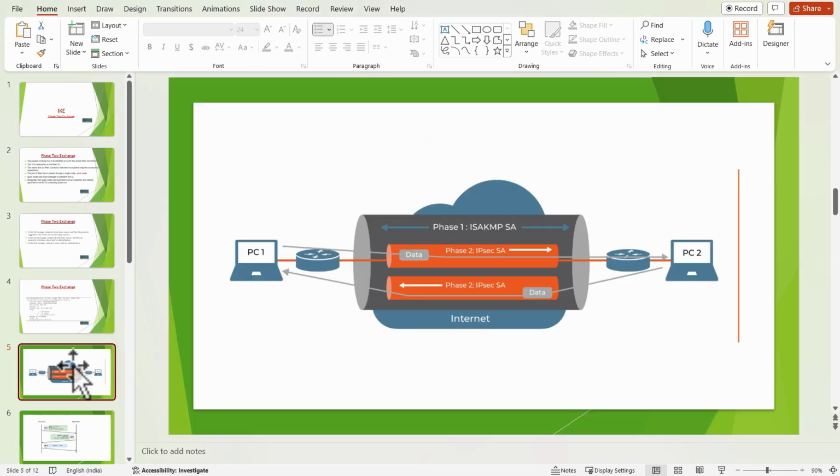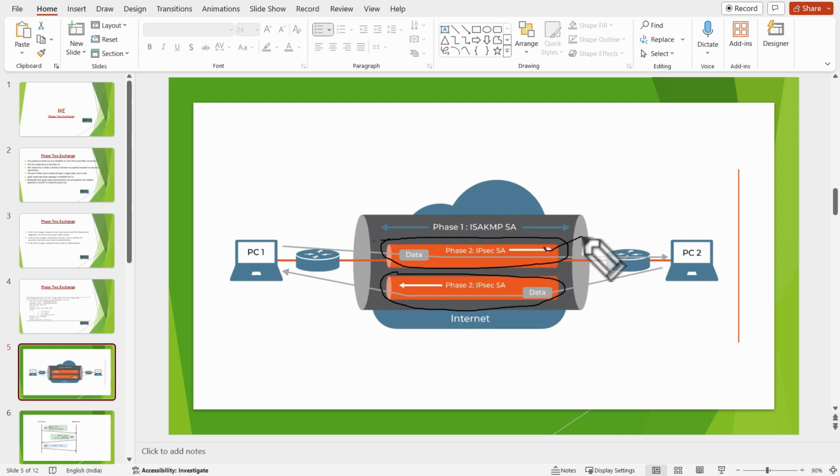I have one diagram for phase 2. We already discussed that first, in IPsec, they create a phase 1. This is the phase 1 tunnel. In the phase 1 tunnel, the actual transaction will happen. So two SA pairs will be generated, one for incoming and the second for outgoing.